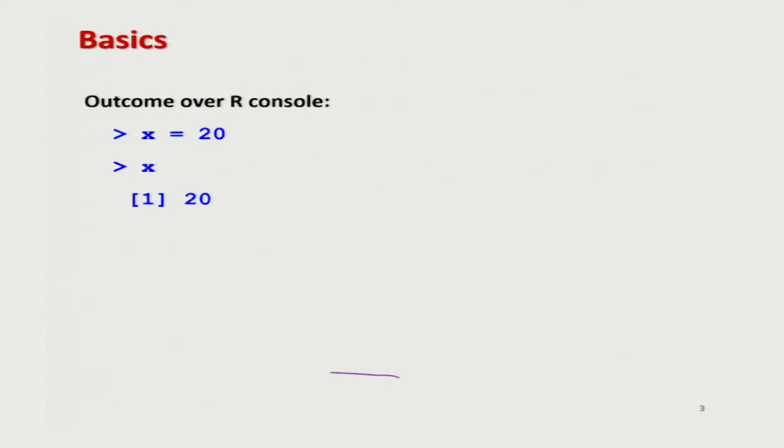So now, just for the sake of illustration, when we are executing something inside the R software, how do you discriminate whether this is an outcome from the R software or it is written here like this? If you look at this symbol, it is the greater than sign.